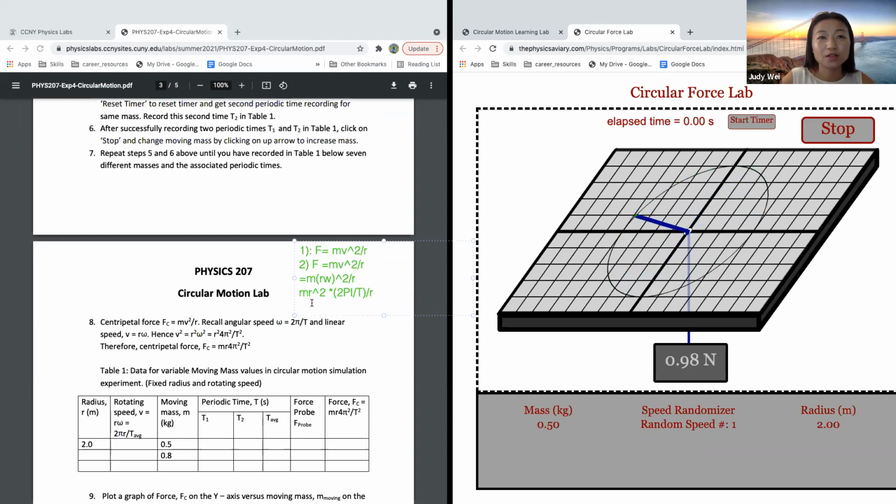So there are two r's, so we get equal to mr, we cancel one r, times 2 pi squared over t squared. So this is what we derived from here.